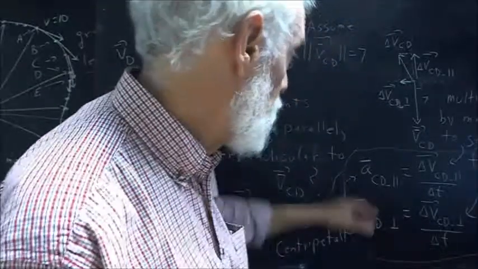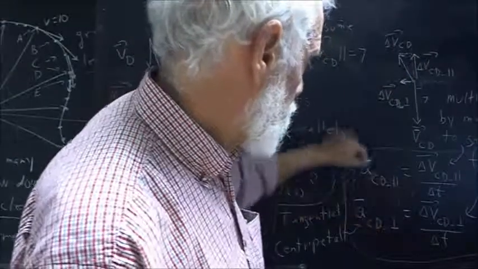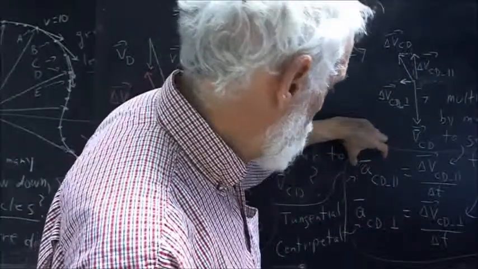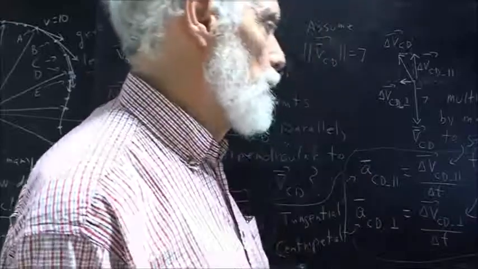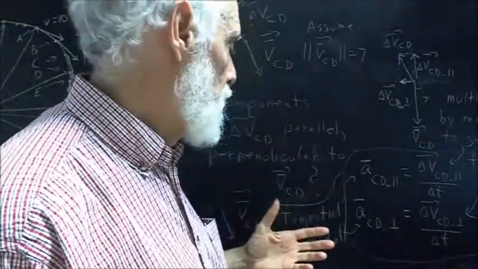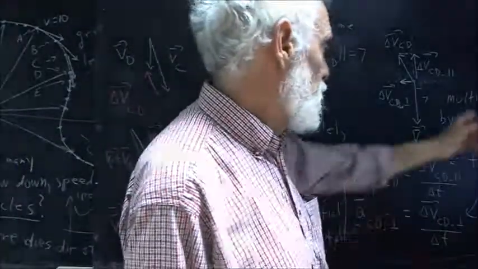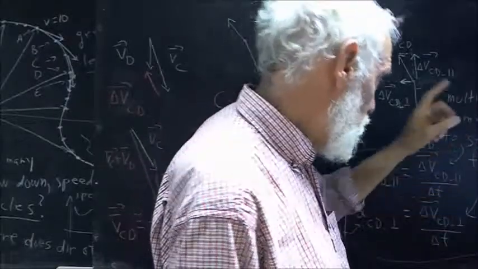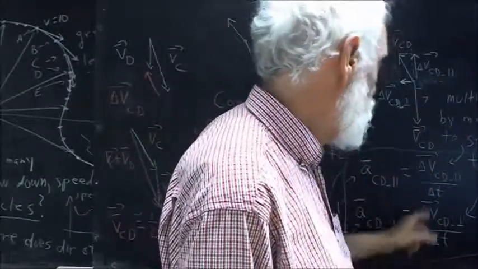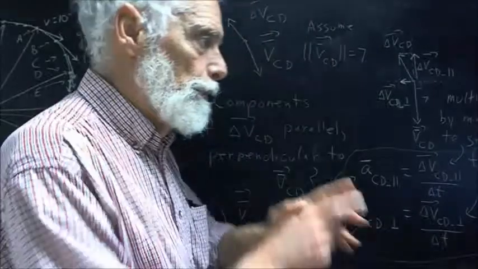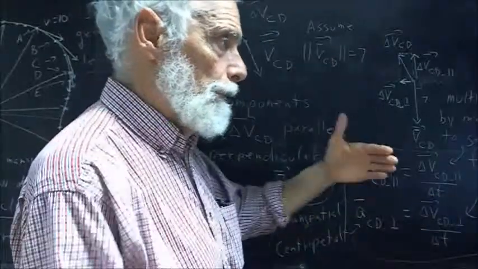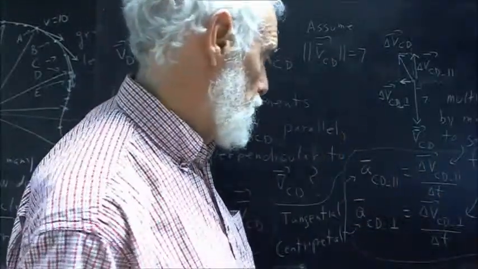dividing it by delta t. So all this analysis gets us to a grasp on the parallel and perpendicular components of our acceleration. Then, if we have a mass, we multiply the acceleration by the mass to get the force. We have a force in our direction of motion. We have a force perpendicular to our direction of motion.